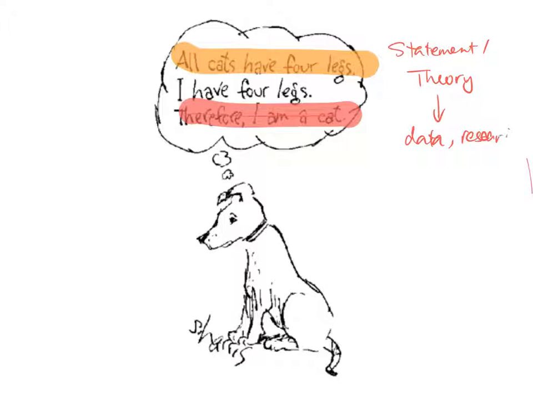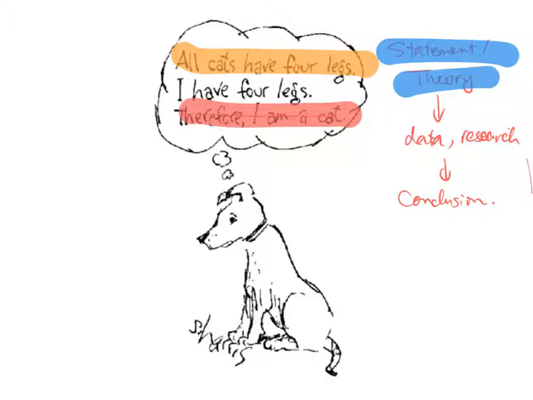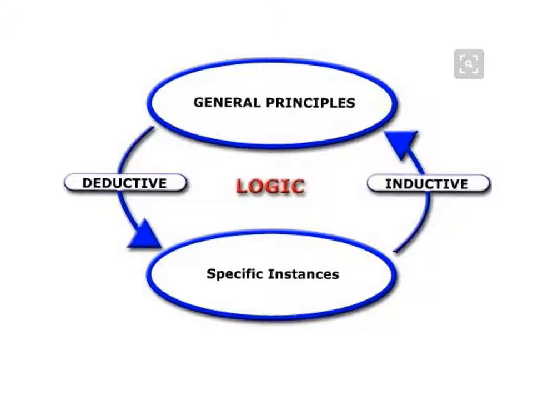Then I draw the conclusion that this dog is actually a cat. It's not a correct conclusion, but the important thing is that we started out with a statement up on top. In this case, this is called deductive reasoning because you derived a theory and proved a theory.